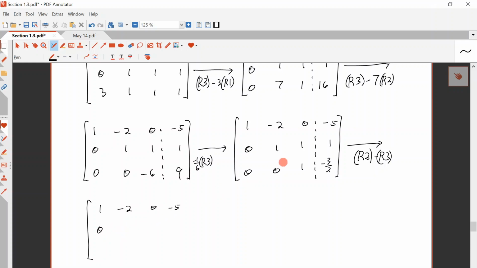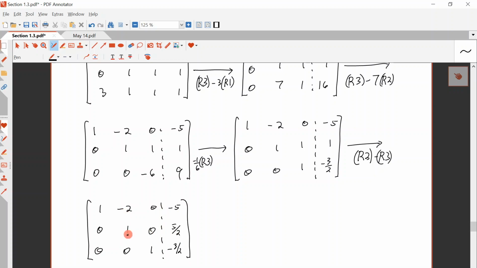So 1 minus 0 is 1. 1 minus 1 is 0. And then 1 minus 3 halves is 1 plus 3 halves, which is 5 halves. And then I've got 0, 0, 1, minus 3 halves.